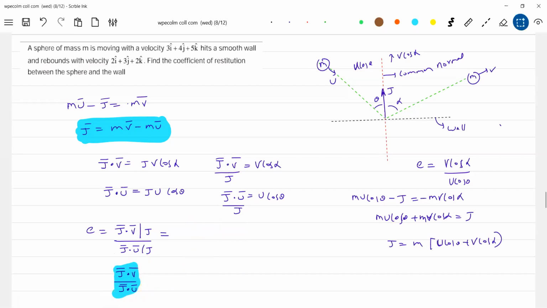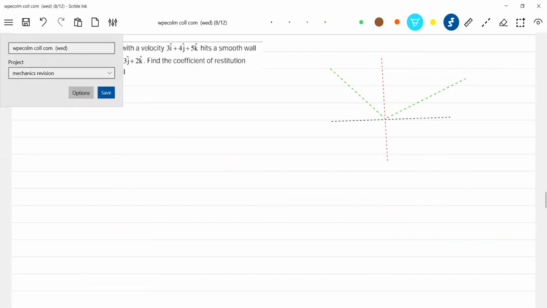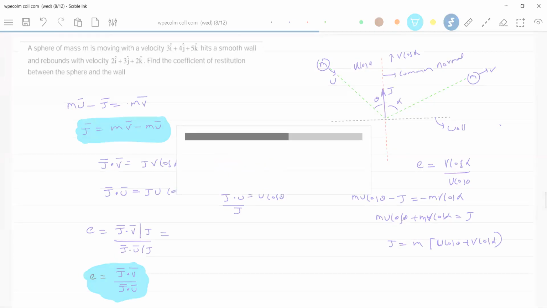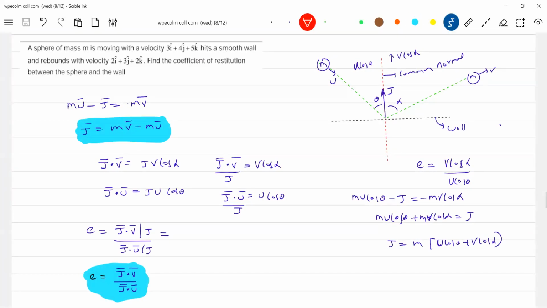I think in the formula book, please do enter this one. I think it's missing. It's not there. Please do enter it. It's a better form. Make it a formula, not a concept.